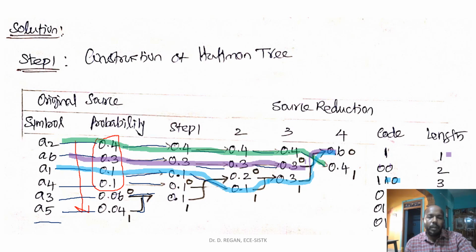Now coming down, another branch which gives the 0.1 goes directly to the A1 symbol. So 1, and now we got 1, 1, 0. That is the binary bits we assign to the A1 symbol. So A2, A6, A1: 3 symbols finished.